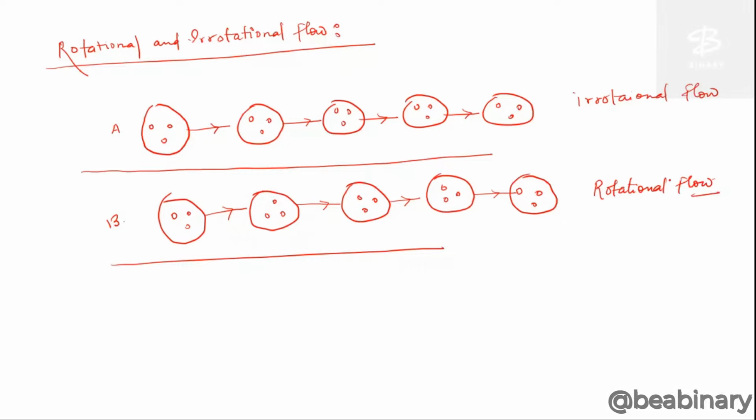In rotational flow, the fluid particle is moving and also rotating about its own axis, whereas in irrotational flow, the fluid particle is also moving, but it is not rotating about its own axis.